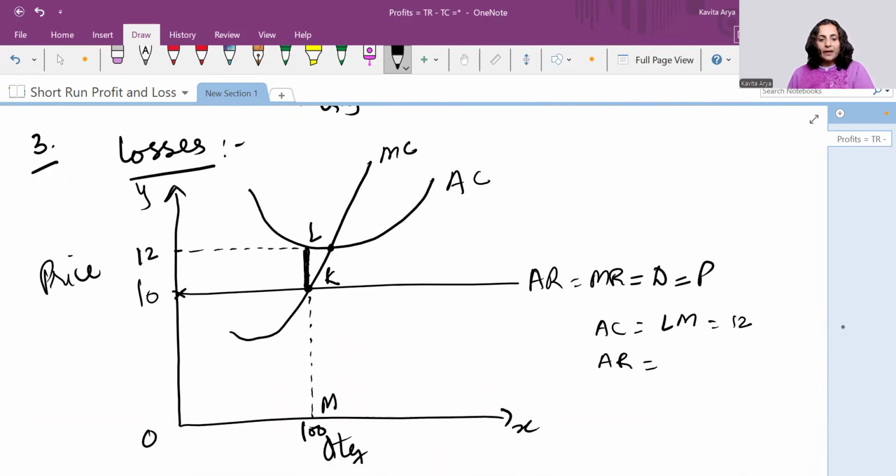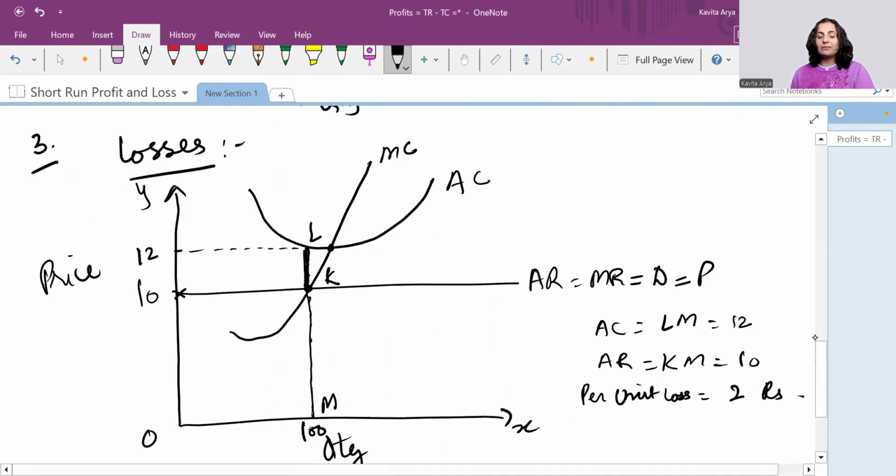So per unit is, this is KM, that's equal to 10 units, right? So what is going to be the per unit loss? Per unit loss is the difference between the AC and AR, that is 2 rupees. But how much is the quantity? The quantity produced is 100 units.